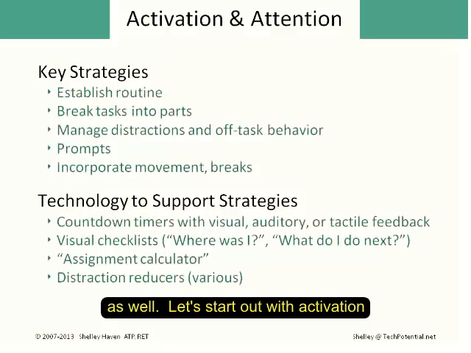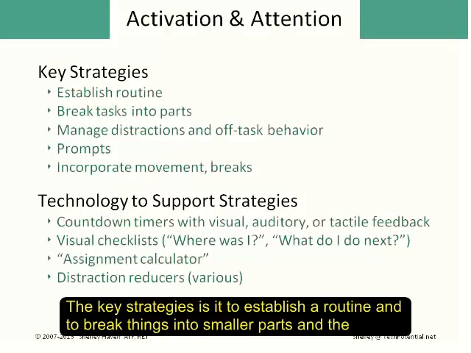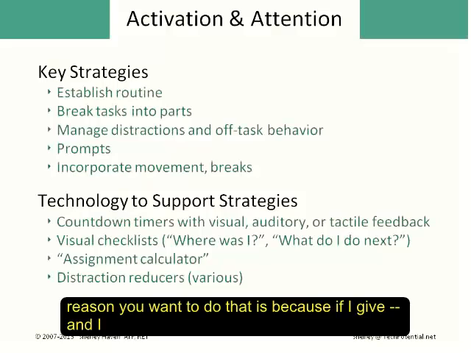So, let's start out with activation and attention. I've grouped those two things together. The key strategies that we want to work with here are to establish a routine and to break things into smaller parts.